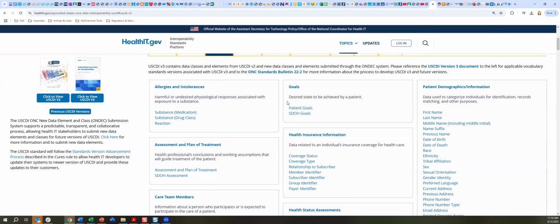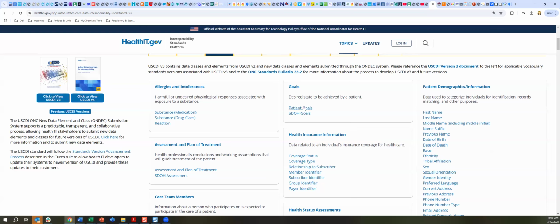So when something gets put into USCDI, and it is now going to be required that clinical record systems have to liberate this kind of thing, this data element as it's called, and make it available for data exchange, there is then a period, say 2 years, 3 years, where the standards are there to support that. The vendors get a chance to go, we just got hit with another regulation.